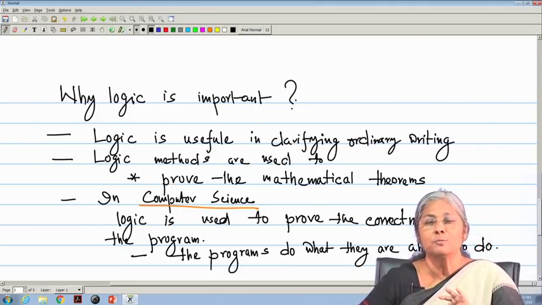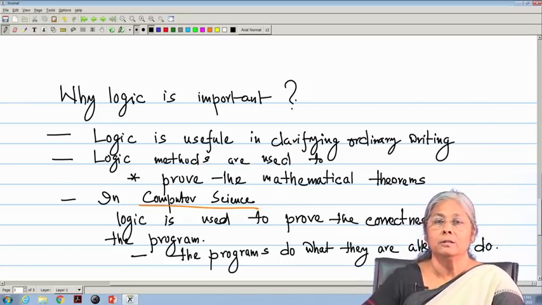So, with this small introduction, now we start propositional logic.